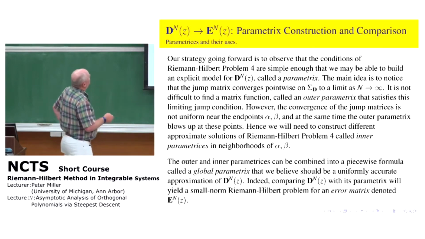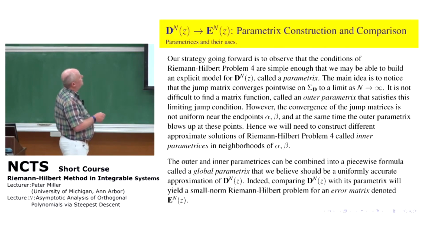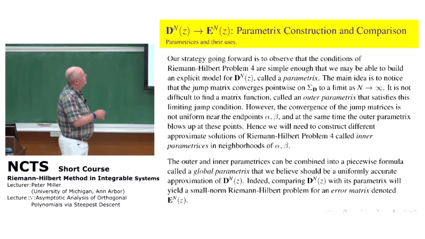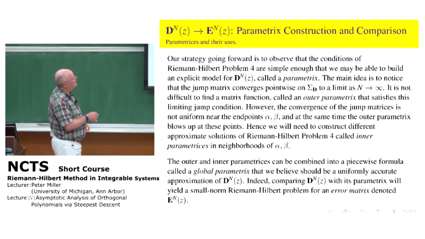So our strategy going forward is to observe that the conditions of Riemann-Hilbert problem 4 on this matrix D are simple enough that we might be able to build an explicit model function for D_n(z). And such a model is called in this business a parametrix, okay? So the main idea is just to notice that the jump matrix for our D Riemann-Hilbert problem is converging pointwise on the contour Σ_D to a limit matrix as n goes to infinity.